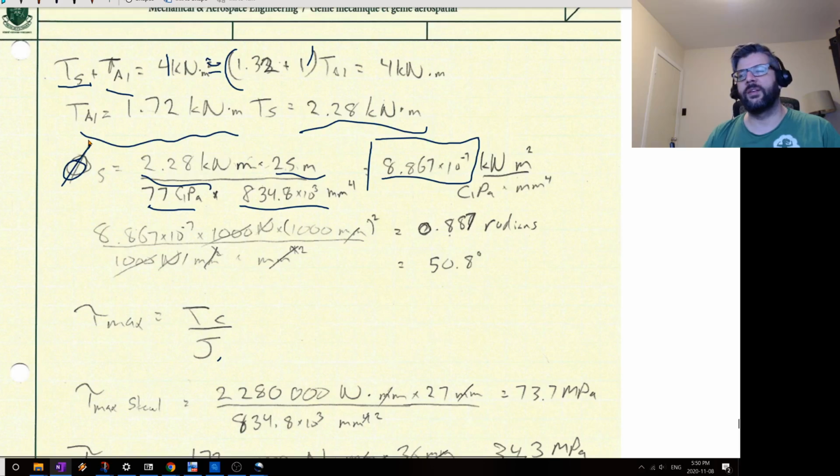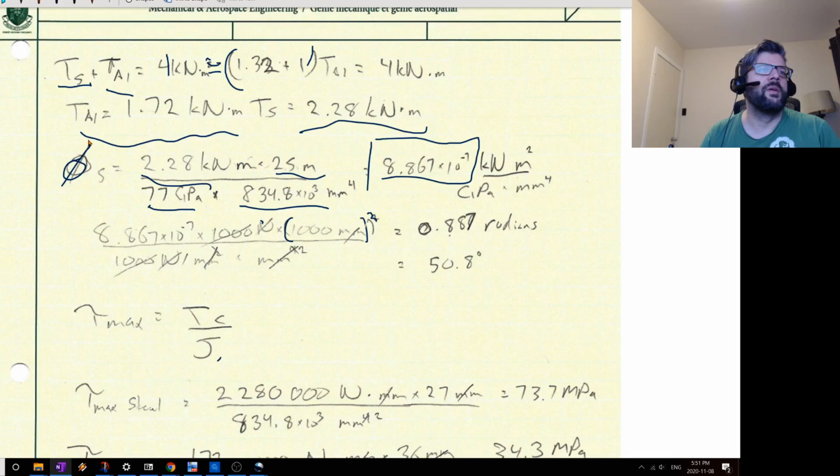If we want to get this into something useful, I convert the kilonewtons into newtons by multiplying by 1,000, and the meters into millimeters, so multiply that by 1,000, and keep in mind the square here as well, so that 1,000 gets squared. Then the gigapascals I convert into 1,000 newtons per millimeter squared. Again, a megapascal is a newton per millimeter squared.